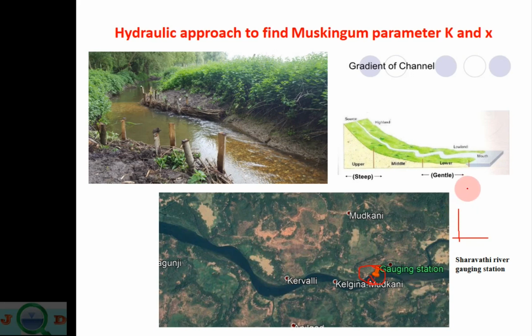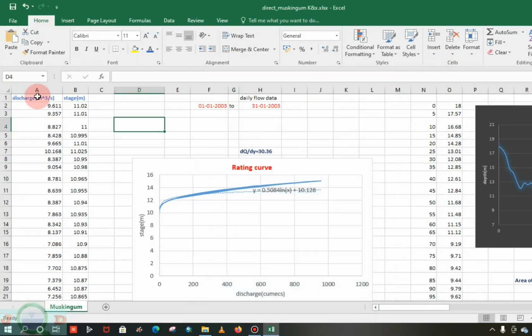Now move back to the Excel spreadsheet calculation for the Muskingum parameters, that is K and X. Here is the data available from the inflow hydrograph, that is the discharge and the stage. With this discharge and stage, I have plotted the rating curve with discharge on the x-axis and stage on the y-axis.